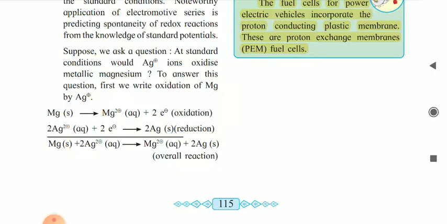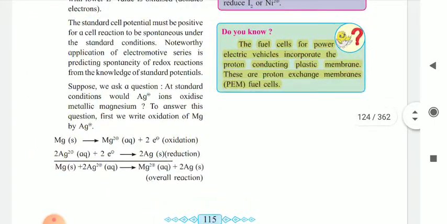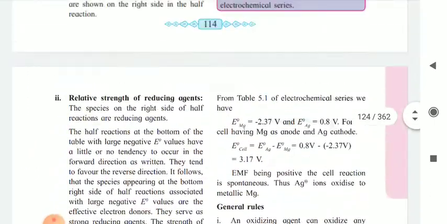Students, on the left-hand side electrode, that is the anode, oxidation will take place, and that process we have written here. On the right-hand side, reduction will take place, and that reaction we have also written here. With the loss of 2 electrons from both sides, you will get the overall reaction, and that overall reaction we have written here.